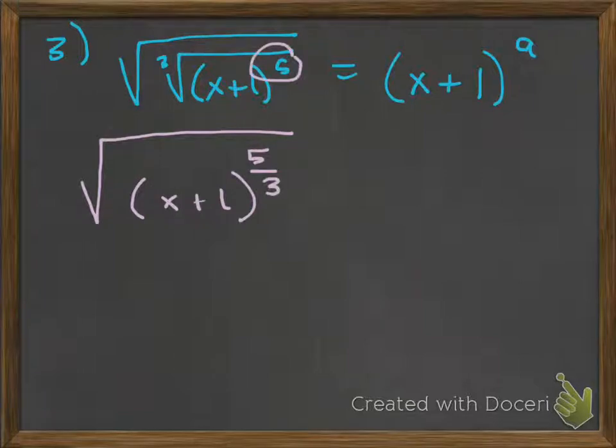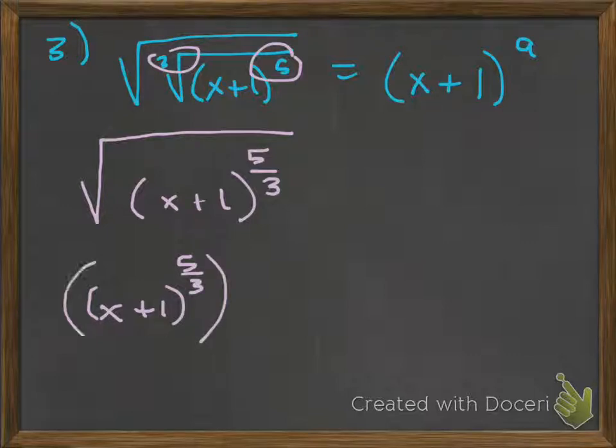So that's coming from these values right here. But now I still have a radical, so I want to get rid of that. So I have this x plus 1 raised to the 5/3 power, but that whole thing is raised to the 1/2 power, and that 1/2 power represents this radical right here. And we talked about exponents. When I have a power raised to a power, that means I multiply my exponents.